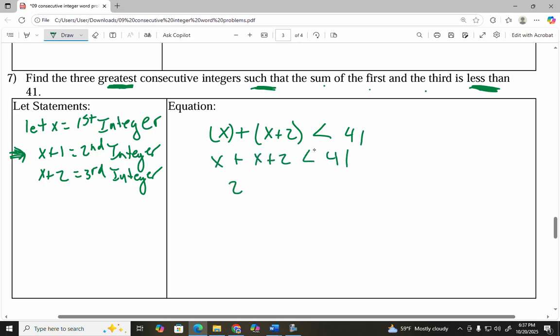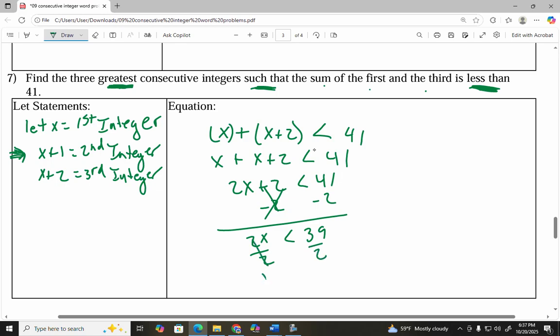You get 2x plus 2 is less than 41. So 2x is less than 39. Divide by 2. And some of us might be thinking we made a mistake. I got 19.5.